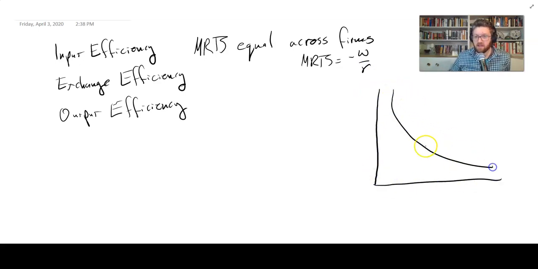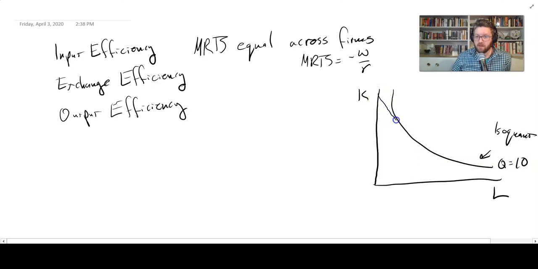Okay, so if I have an isoquant over capital and labor, like so, if I'm trying to minimize my cost to produce some Q value, like say I'm making 10 units, I'll do that by finding the iso cost curve, which has slope negative W over R, and finding the point.